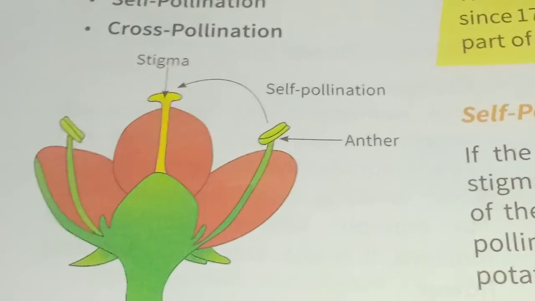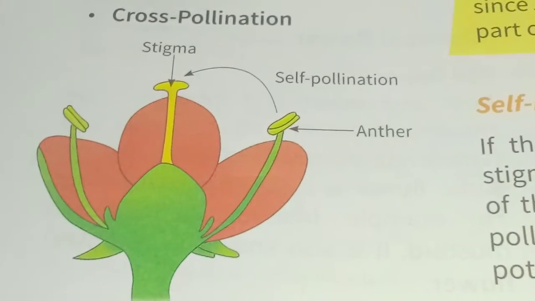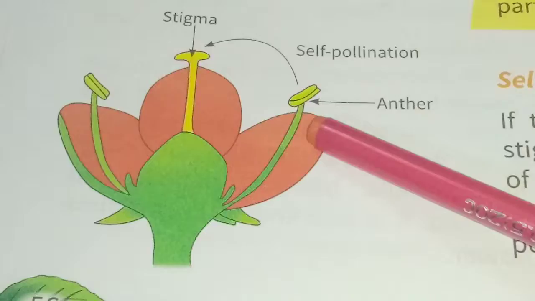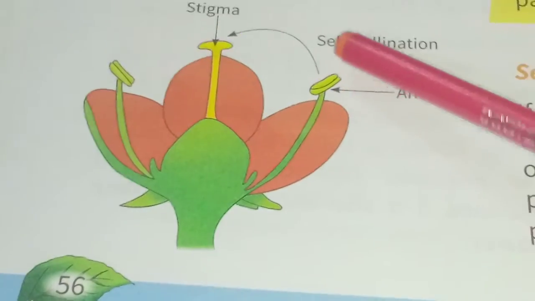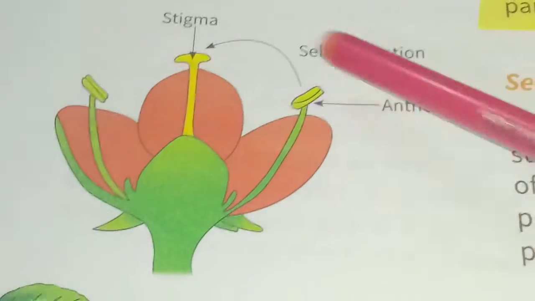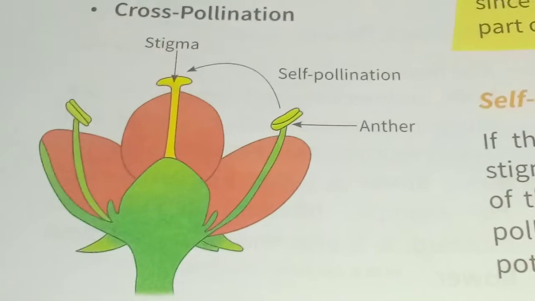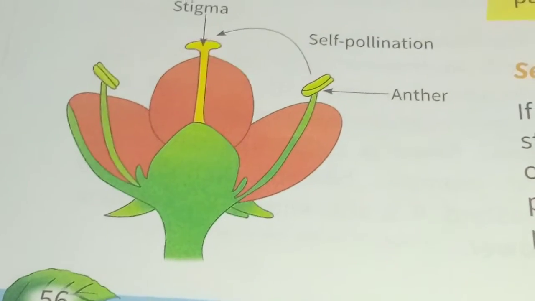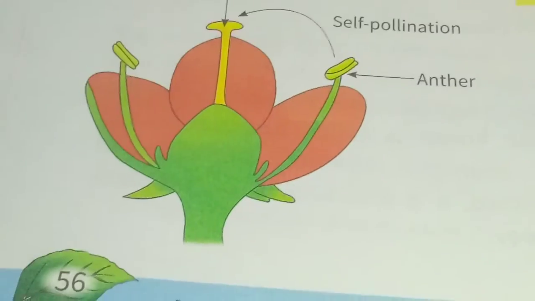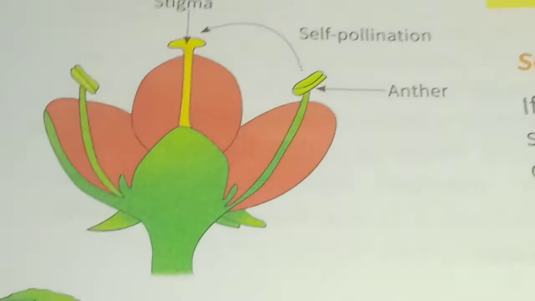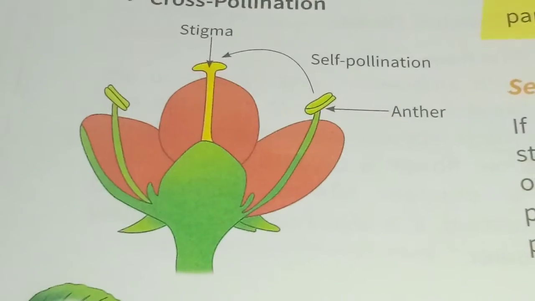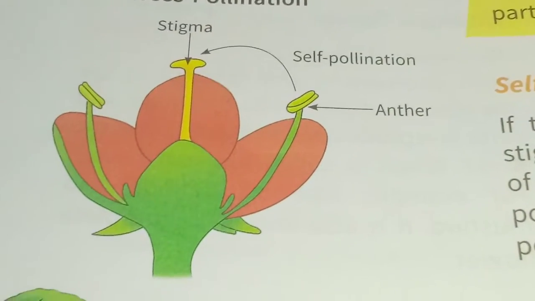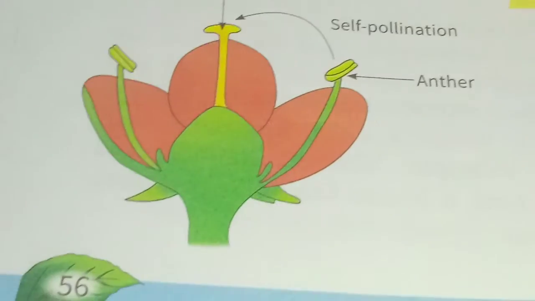When the pollen of a plant lands on the stigma of the same flower, or on another flower of the same plant, that is called self-pollination. It occurs only in bisexual flowers, that is, flowers which contain both male and female organs.